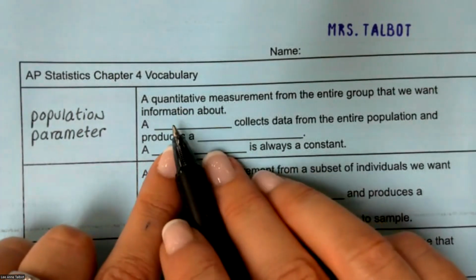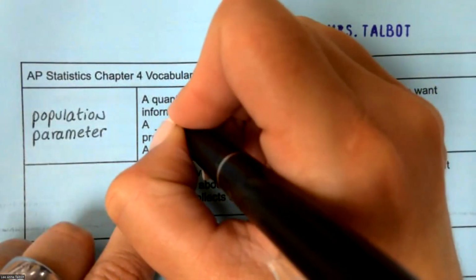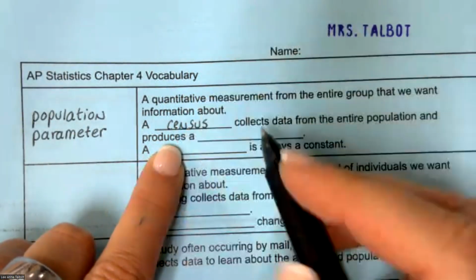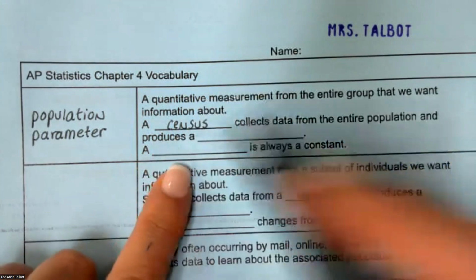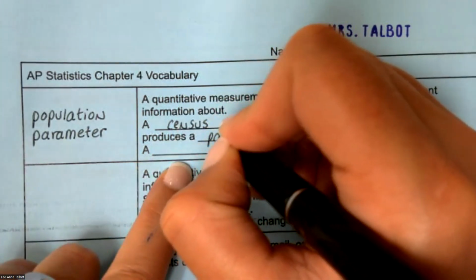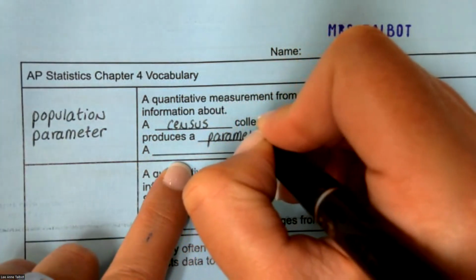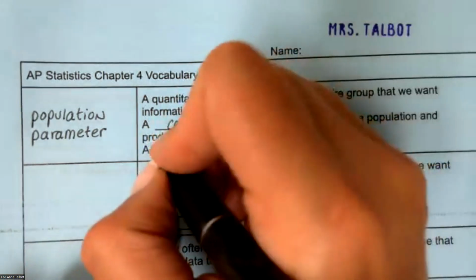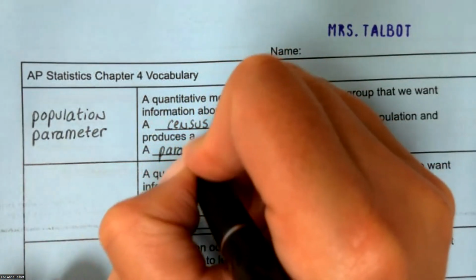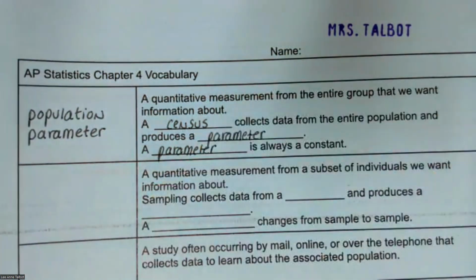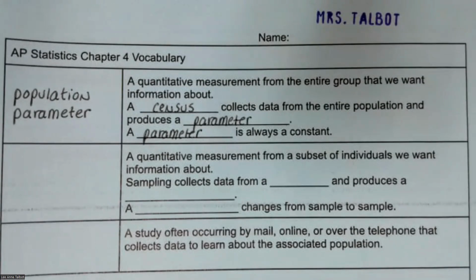So a census collects data from the entire population and produces a parameter. A parameter is always a constant. For example, if the only thing I care about is the GPA of the entire group of people that takes AP Statistics at this school, it'd be very easy for me to get a census.